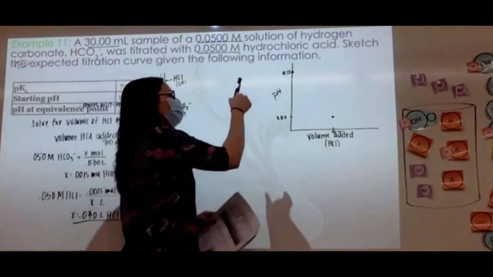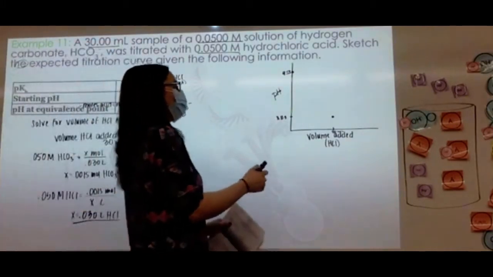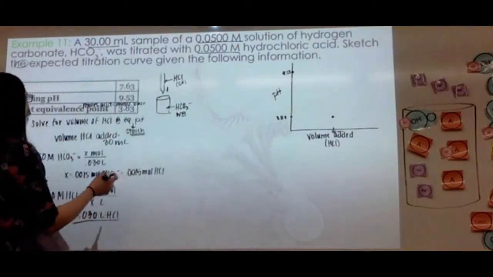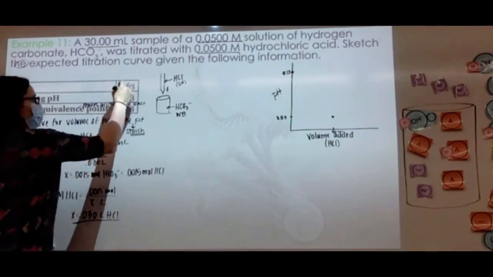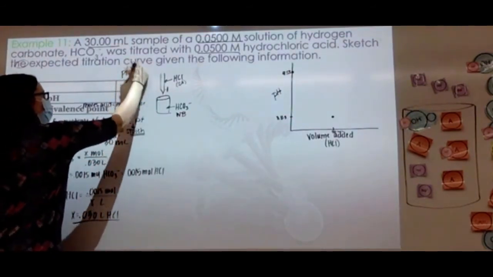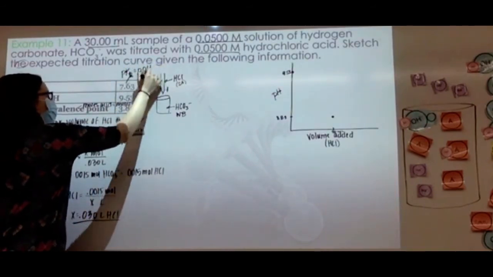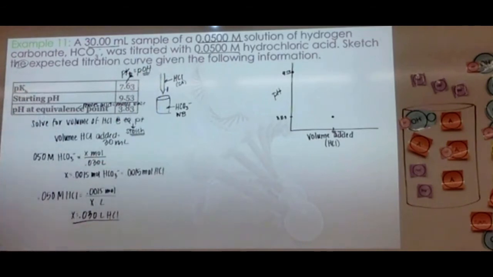Because this is a weak base, strong acid titration, we can actually figure out the pH at the half equivalence point. Now, this is the pKb, something that's important to remember. If this is a B, this should be OH.